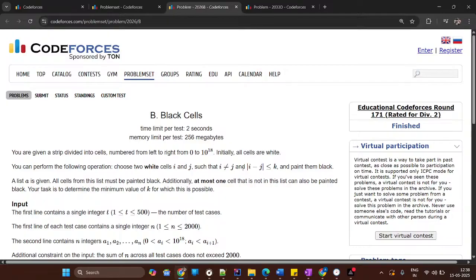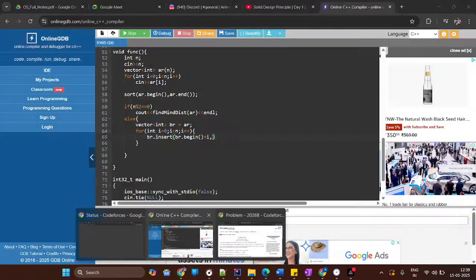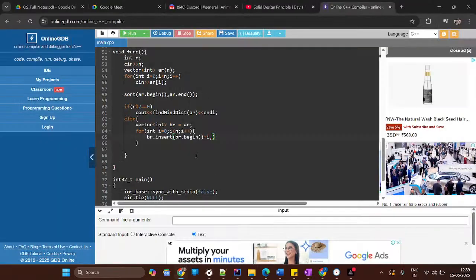But let's say it has elements consecutive to it before and after. Then the answer is that k is going to be 1, and it does not need to be reduced any further. So we can remove one element and then find out the answer. I think that's the better approach. So we just remove any one of the elements.